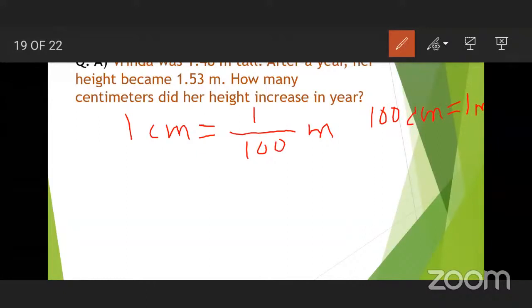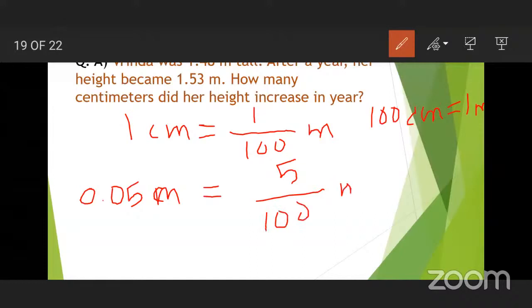So 5 centimeter means 5 upon 100 meter. Our answer is the increased height will be 5 centimeter.